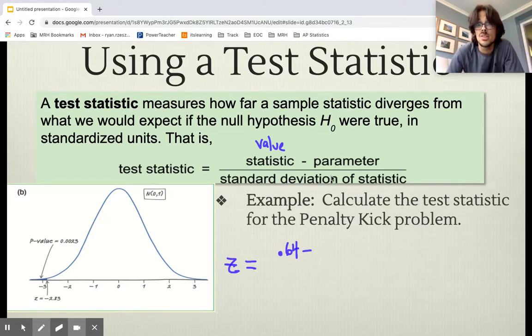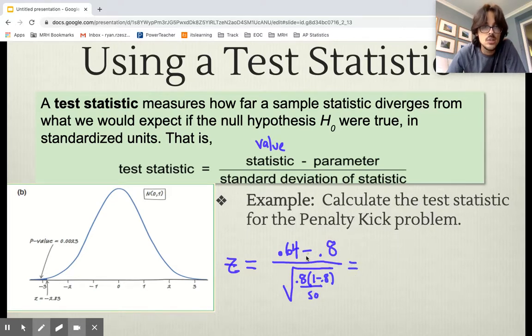Well, in this problem, we're assuming the true value is our parameter, which we assumed was a 0.8. And we would put this over the standard deviation of your test statistic, which is that little formula we did on the last page, the square root of 0.8 times 0.2 over 50. If you actually calculate this out, you're going to get a test statistic of negative 2.83.